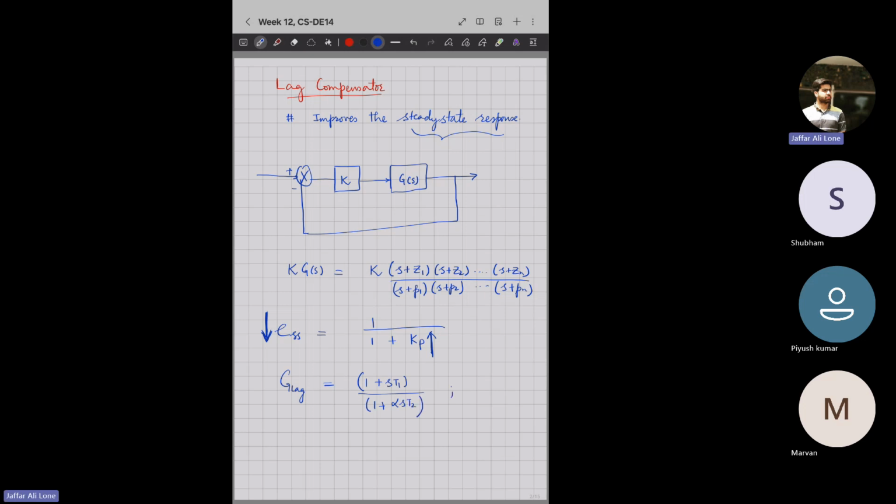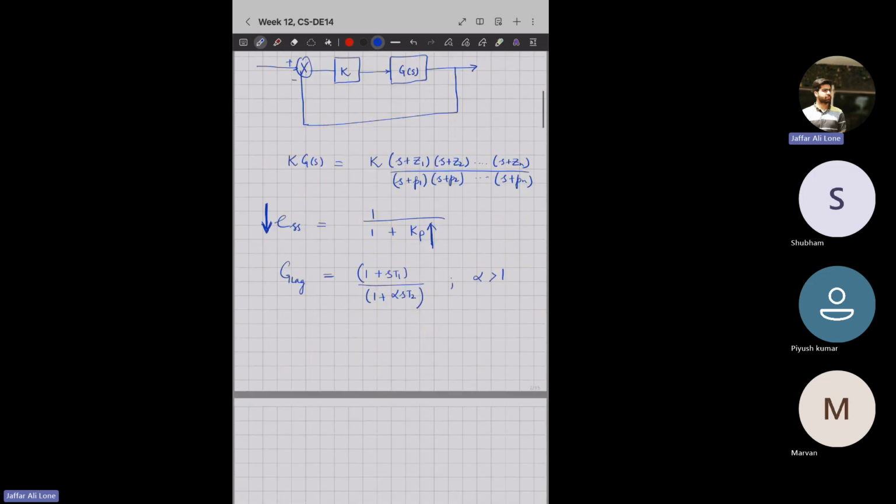Here alpha is greater than 1. It means my pole is near to the origin. You have learned pole and zero everything, so I'm just recalling it. Similarly, for a lead compensator, the zero lies near to the origin.